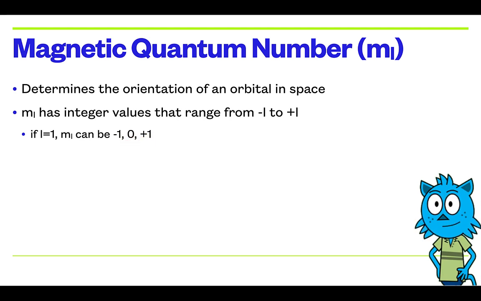It turns out they point in 3 different directions along the x-axis, the y-axis, and the z-axis. If we have L equal 2, so we go to a d orbital, we see that m sub L can go from minus 2 up to plus 2. So we have minus 2, minus 1, 0, plus 1, and plus 2. Those are all possible values.